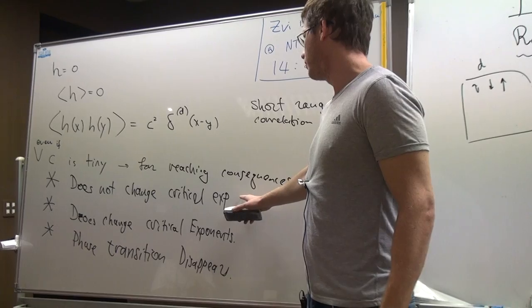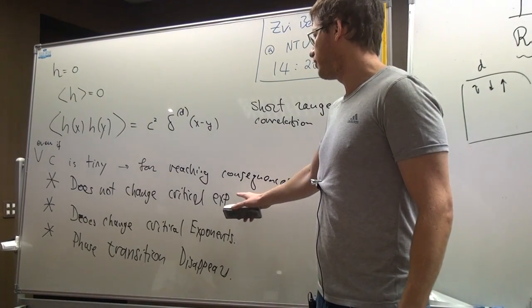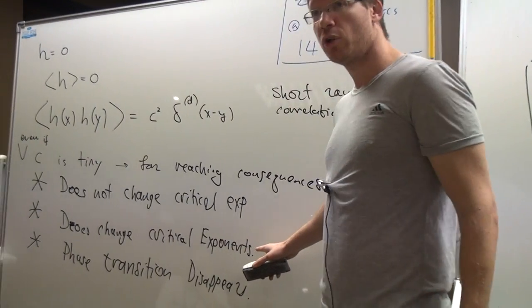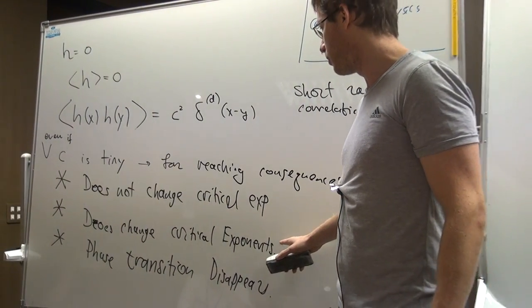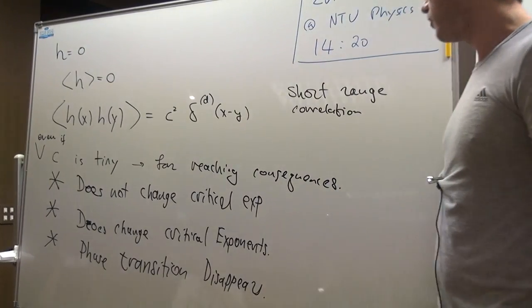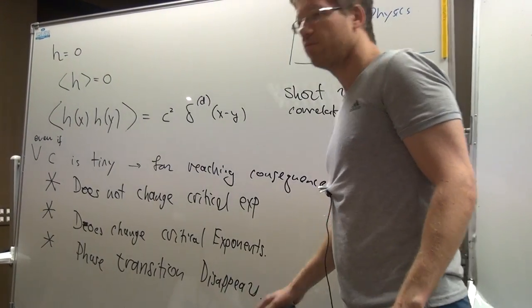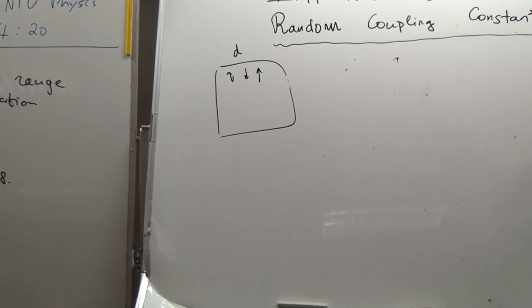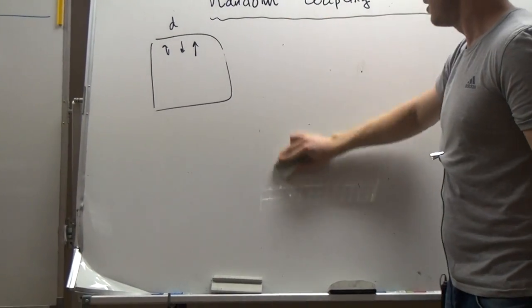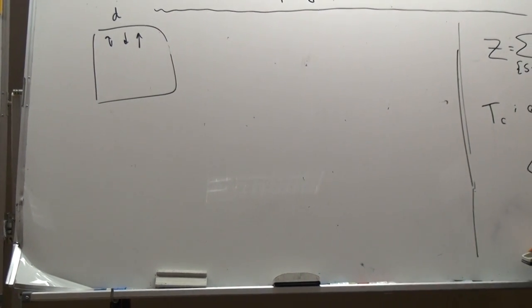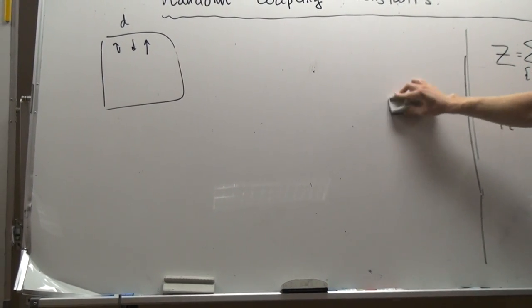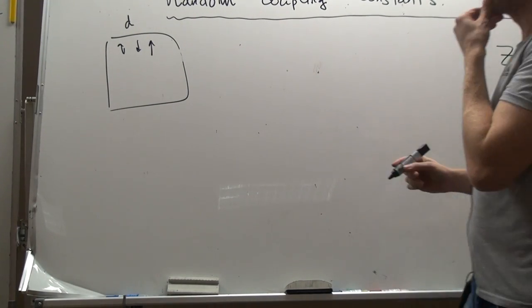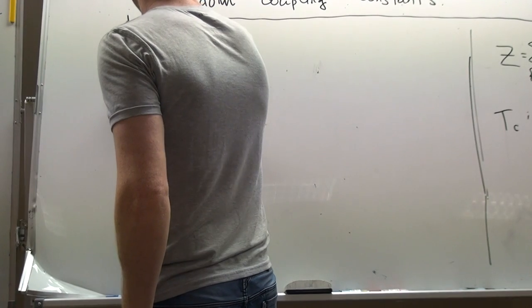This can be understood when it does not change the critical exponents. But when it does change the critical exponents, we don't necessarily know how to calculate the new critical exponents. And when the phase transition disappears altogether, it's also not known. So this is the challenge, and I cannot adequately address the challenge, but in some examples one can solve the problem and see what happens. Okay, so let me give you some qualitative arguments.